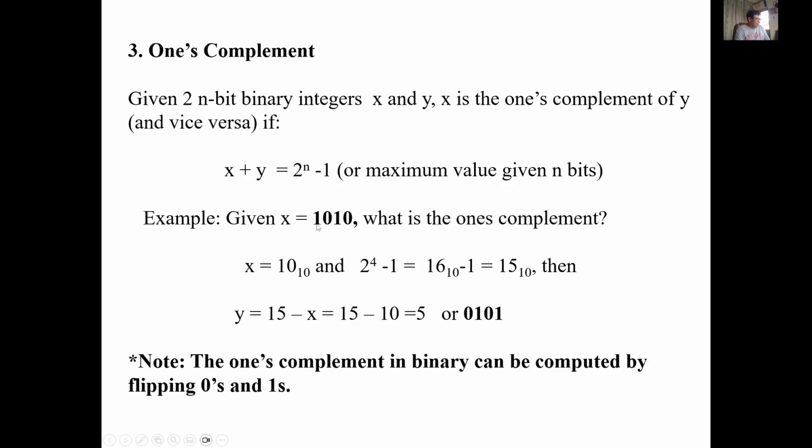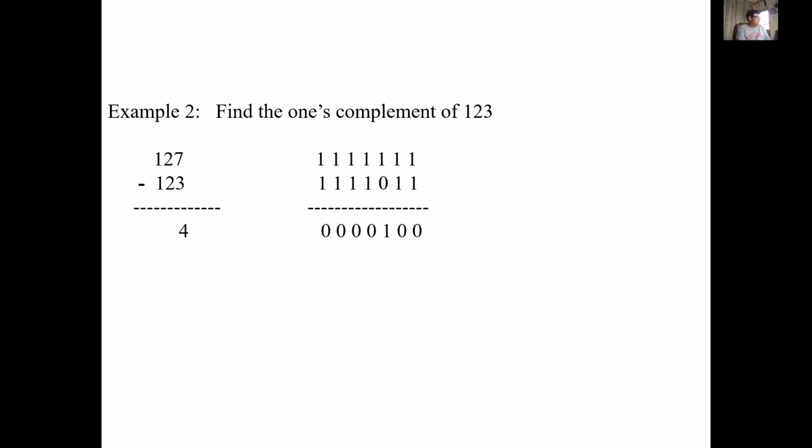For example, if we flip the bits of 10, 1010, into 0101, that equals 5. So you don't even have to determine the maximum value. That's a very important property of binary numbers.